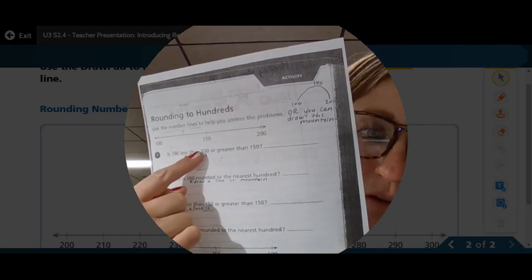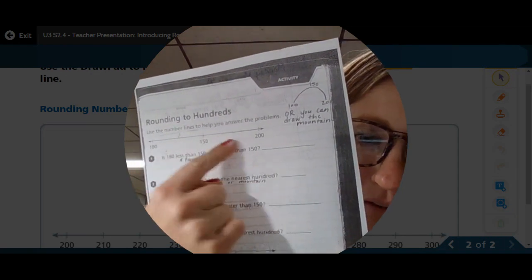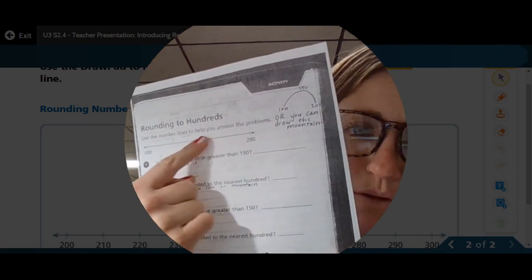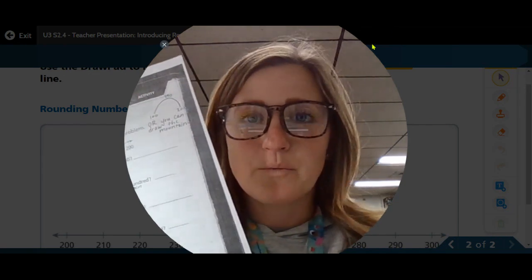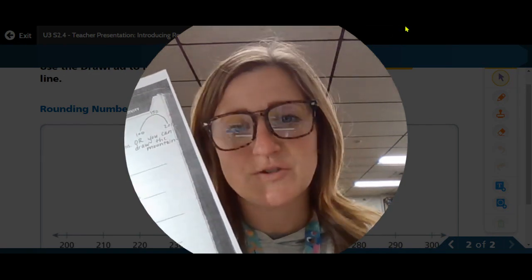One of the ways you can prove it is by putting your number on the number line up here at the top. You could use the number line that's already there. So read carefully. Some of these do say draw a line or a mountain, so you'd have to do that down here. But this side is a little different than just straight rounding. So that's what we're working on today. Just try your best.